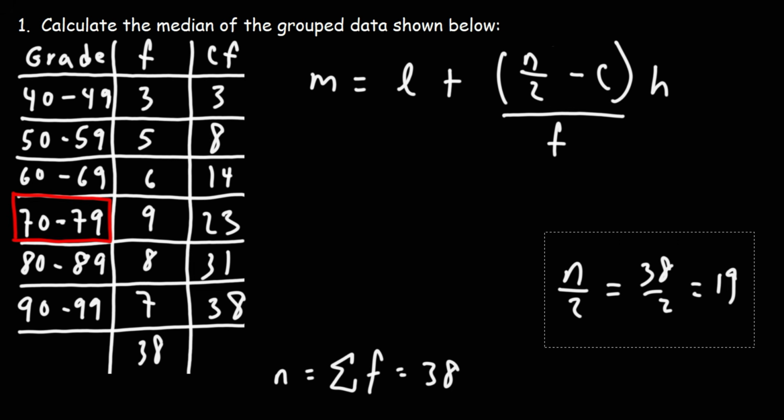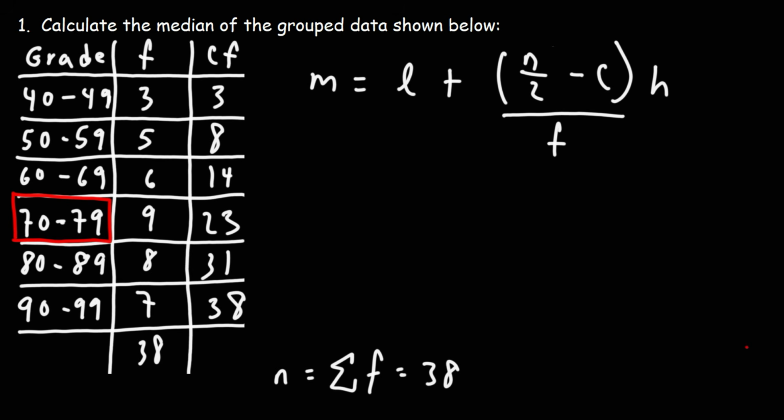So now that we've identified the median class, we need to determine the lower boundary of that class. Now, if these two numbers were the same, L, the lower boundary of this median class highlighted in red, would just be 70. But because these numbers are different, they differ by 1, we need to find the midpoint, which is the same as the average of those two numbers.